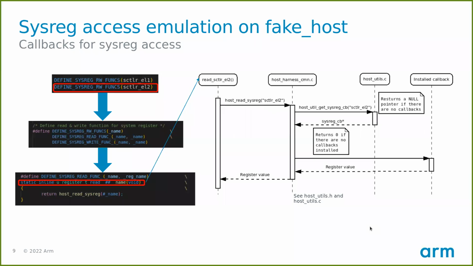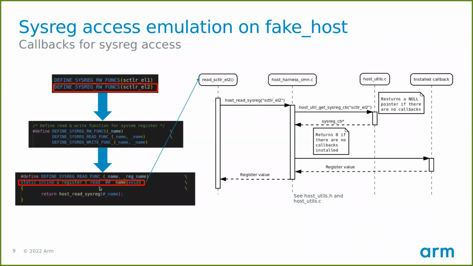So a quick question, right? This is all applicable only to FakeHost, right? So the real RMM read SCTLR EL2 will just translate to an MRS or MSR instruction. Yes, exactly. On the AArch64 architecture, this macro here defines the sysrec read func and the sysrec write func.